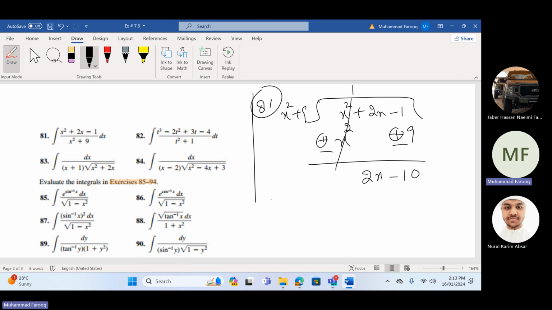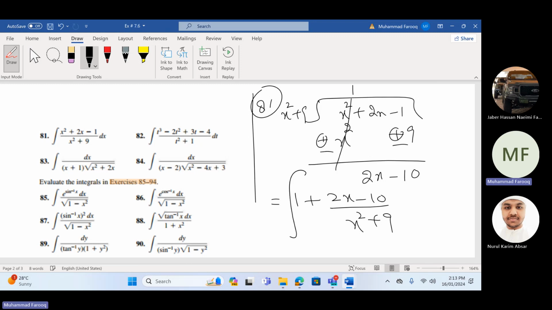How do you write the long division answer? You have the quotient, 1, plus the remainder divided by x squared plus 9. Quotient plus remainder over divisor, Q plus R over D. This is the rule.